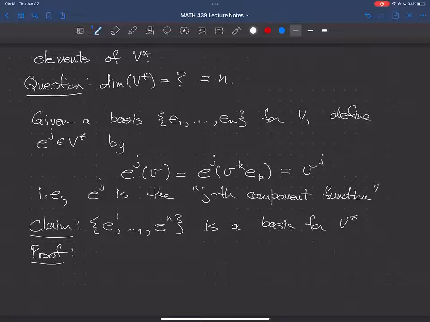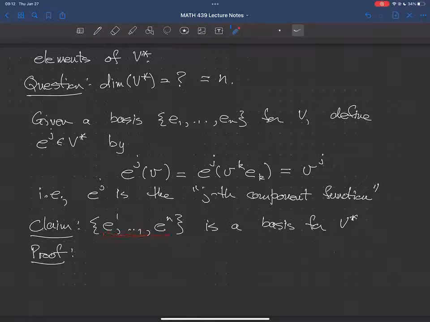So in fact, I don't actually need to do both of those things, right? It suffices to do one of them, and the reason is I know that the number of vectors here is the right number of vectors. I know that V star has n dimensions, and there's n vectors here.